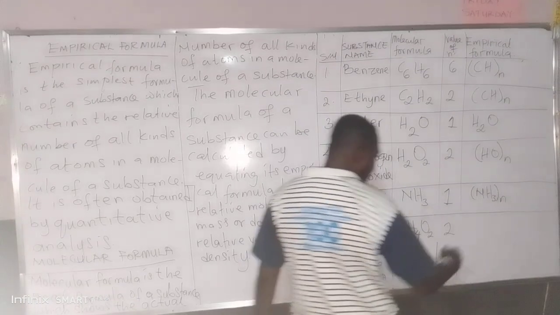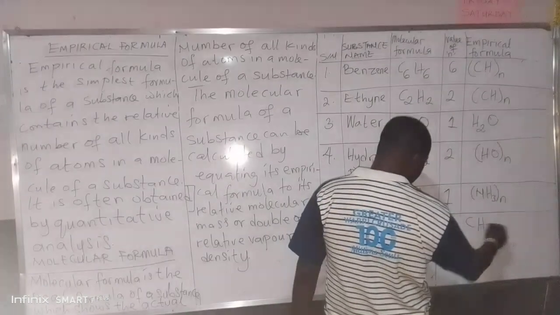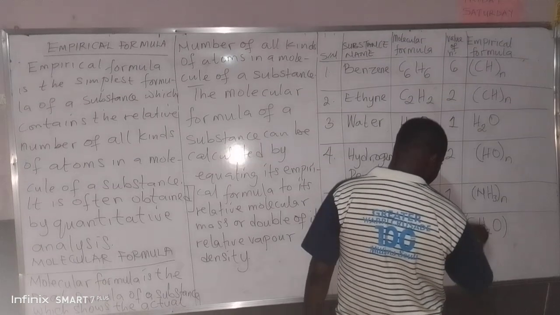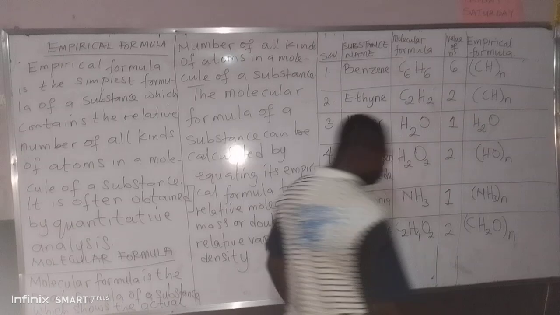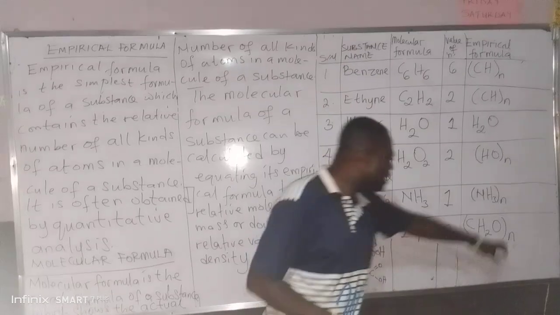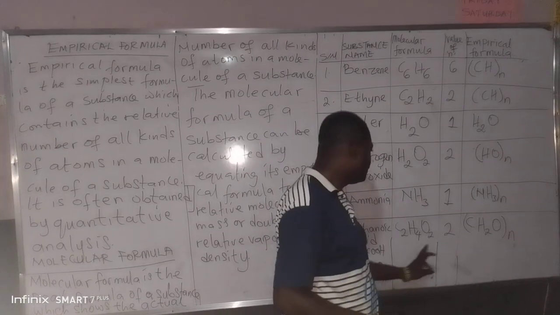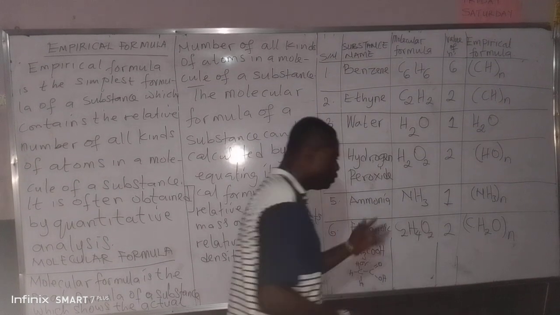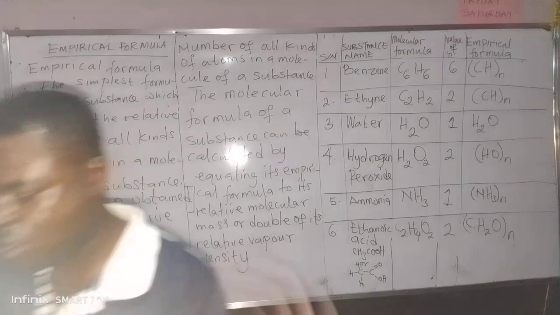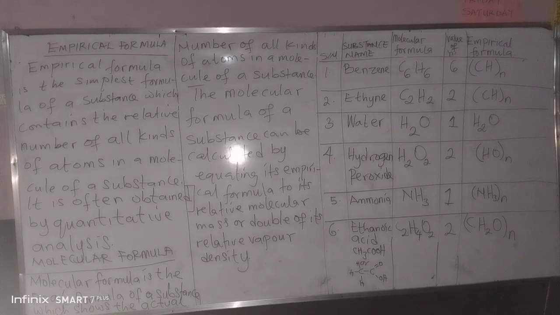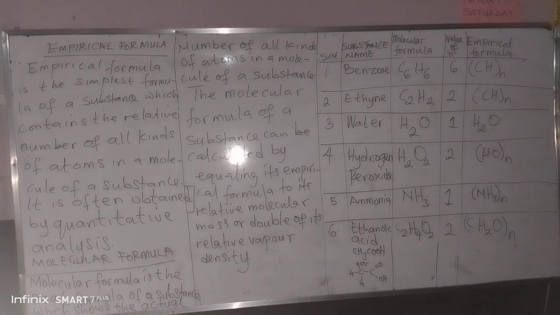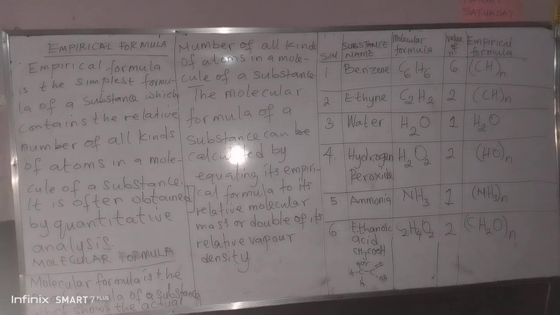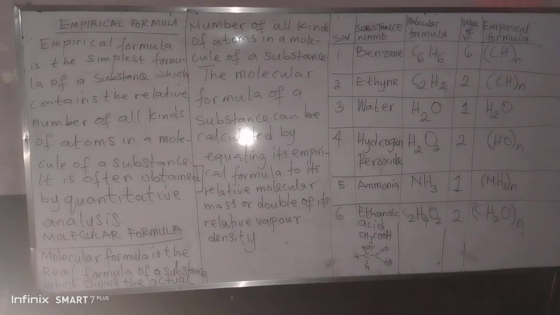So factorize 2 out to have (CH2O)n. If your n is 2, you have C2H4O2. So that is that. We have more examples as we have uncountable compounds, so we cannot exhaust the examples.